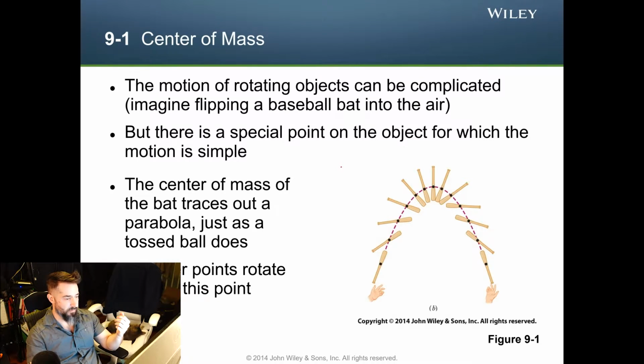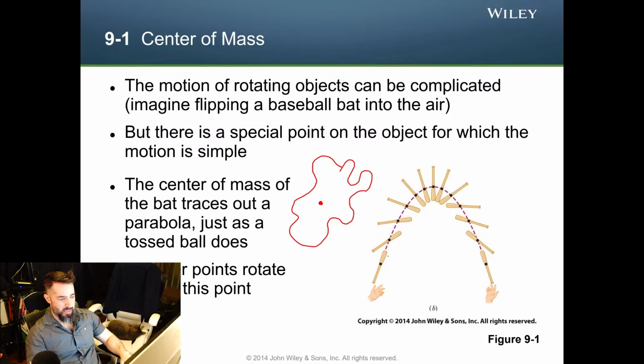So if you have any kind of complicated mass, some weird shape floating out in space, this thing has a center of mass somewhere. Obviously, I'm just kind of making this up for the picture, but it has this center of mass somewhere. So you don't want to deal with the complicated issues of this. You want to reduce it down to a single point, say all the mass is right here, and deal with it in that manner.